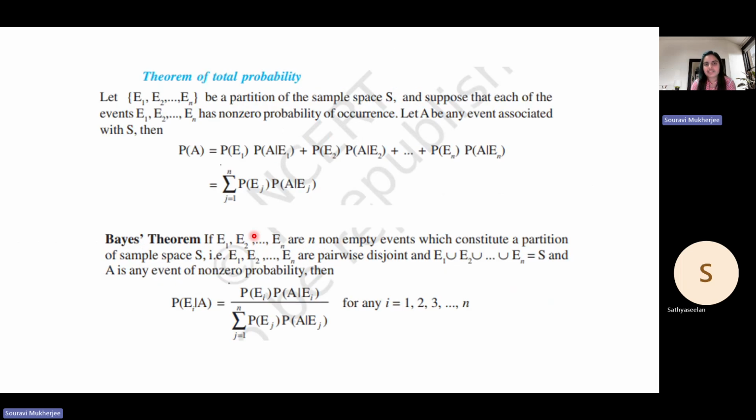Okay, now there is the theorem of total probability which says that if you have different events E1, E2, E3, many events, and they all correspond to one sample space S, and each of them has some non-zero probability of occurrence. Now there is another event A associated with the same sample space.